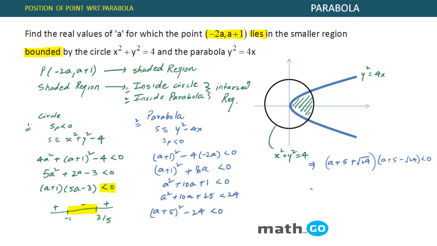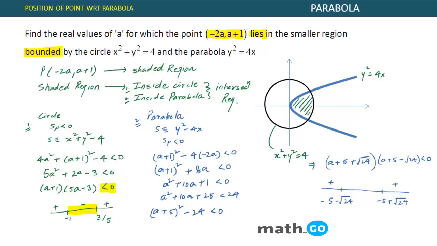So if I draw this on the number line, now this question is nothing but the wavy curve method. Can you tell me what this point would be? Yes, so the leftmost point would be minus 5 minus root 24, and this would be minus 5 plus root 24, right? And again plus, minus, plus.